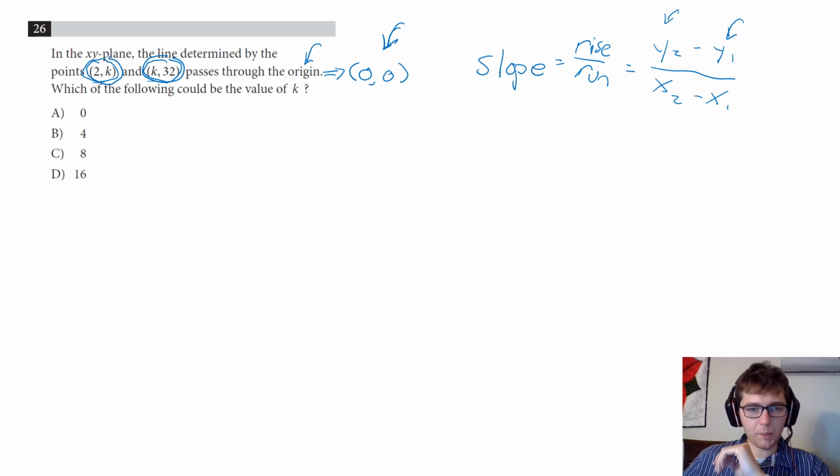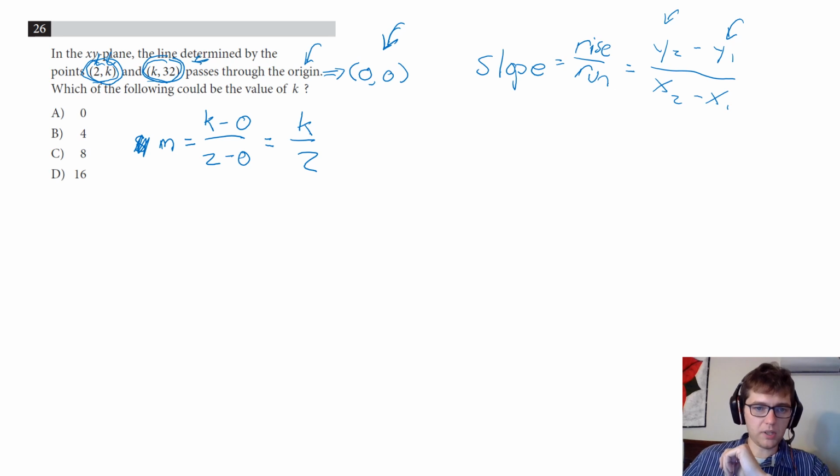So let's use this (2, k). Slope, I'm going to call this m just to be consistent. Slope m is equal to k, that's y2, minus 0 over 2 minus 0. So slope there is k divided by 2.